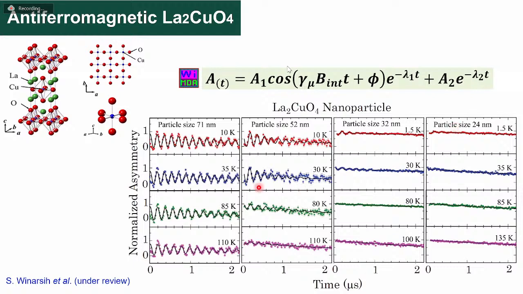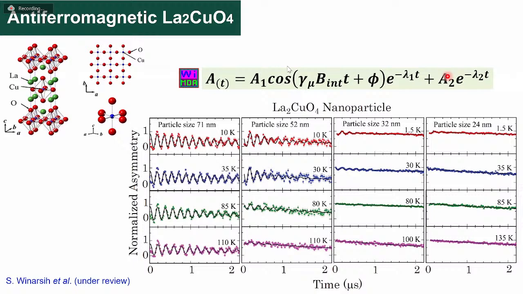From these μSR time spectra, we can see that the long range ordered region exists in all nanoparticle samples, but its fraction decreases as the particle size is reduced. To obtain more information from these spectra, we fit using this equation. The first term represents the muon spin precession, and the second term represents the muon spin relaxation.